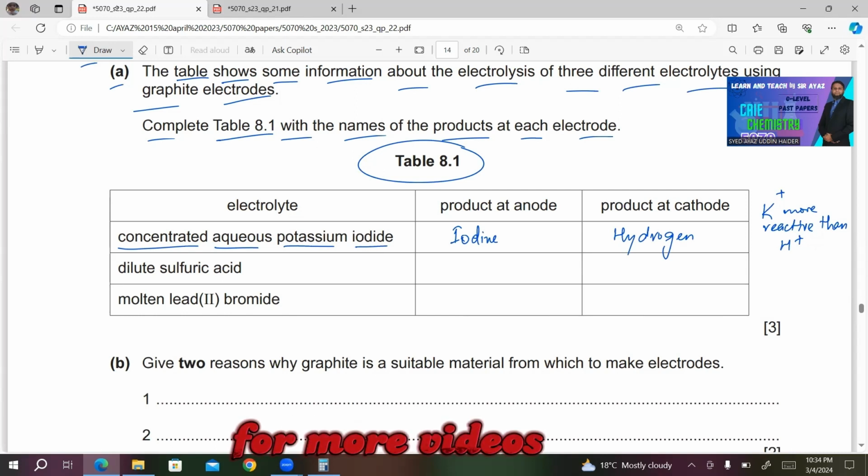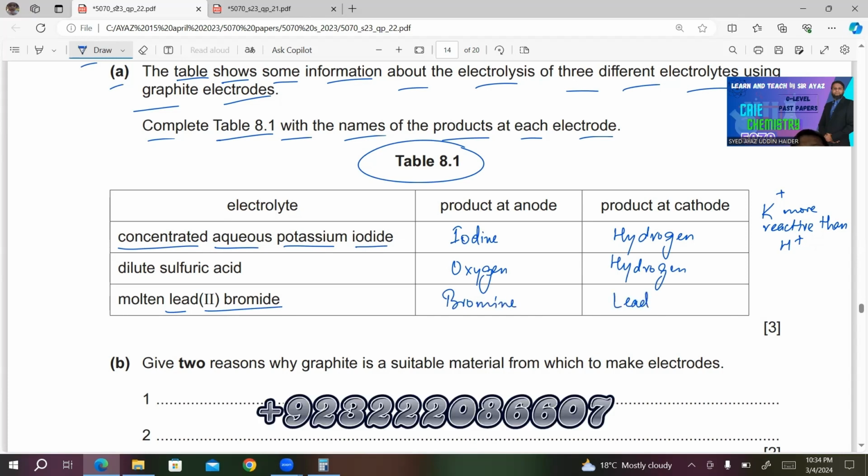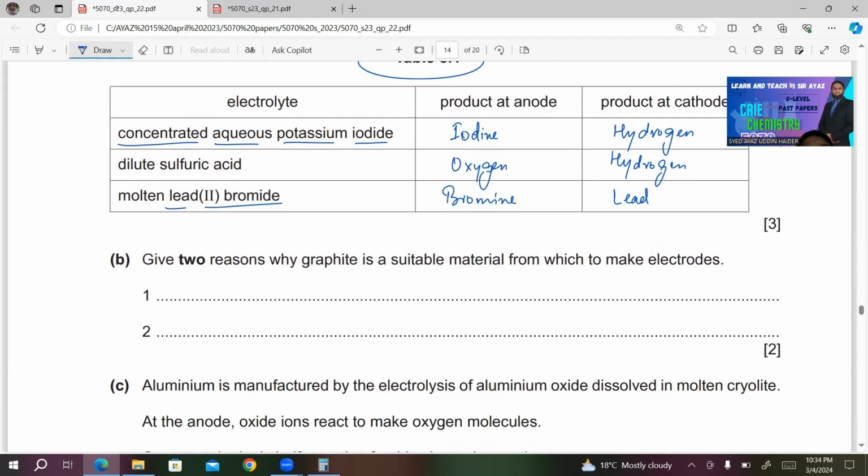You can apply the reverse argument for hydrogen. For dilute sulfuric acid, the products will be oxygen at anode and hydrogen at cathode. What about the product for molten lead bromide? It's very easy. We'll get bromine at anode and lead at cathode.